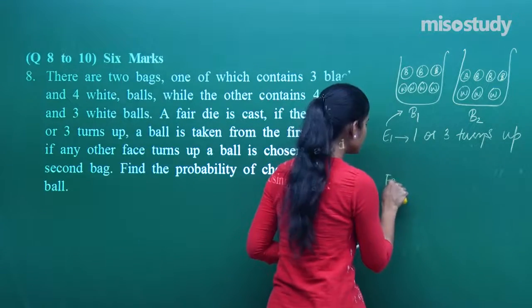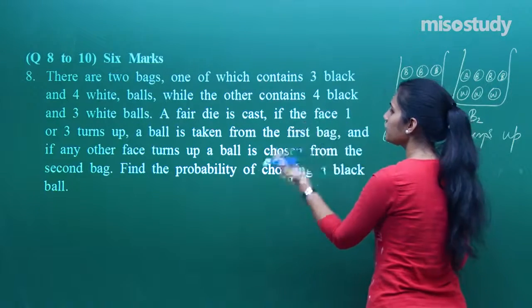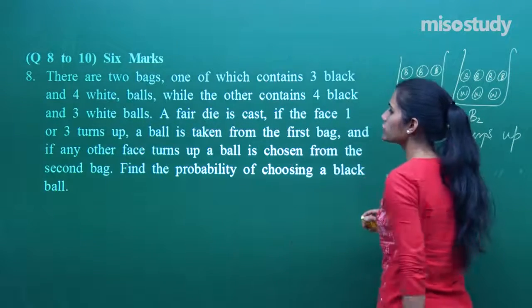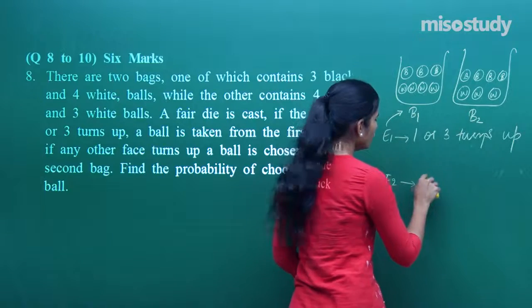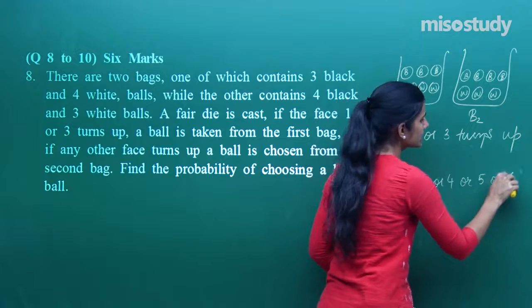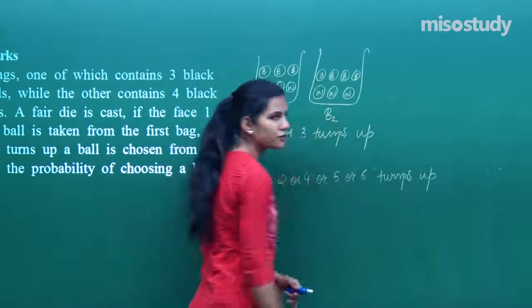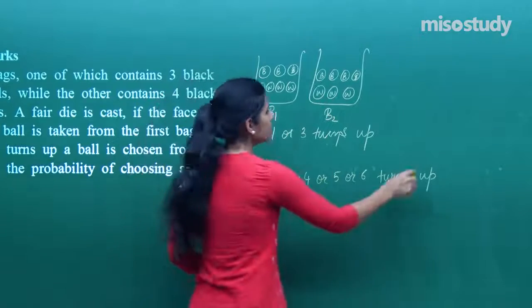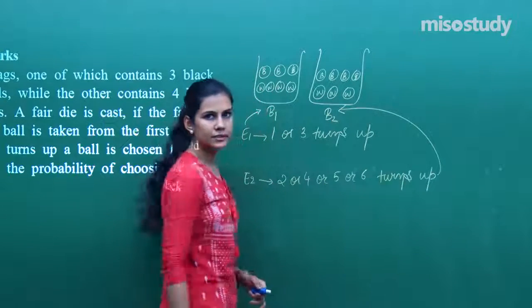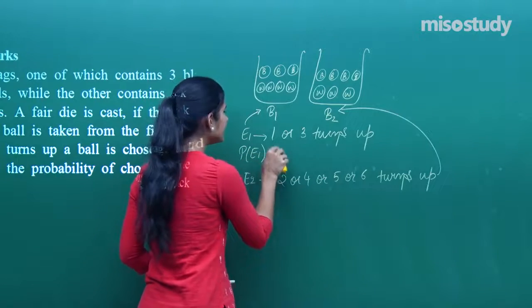And event E2 is, if any other face turns up, the ball is chosen from the second bag. So 2 or 4 or 5 or 6 turns up, that means anything else apart from 1 and 3 turns up, then bag 2 is selected. Fine. What is the probability of occurrence of event E1?